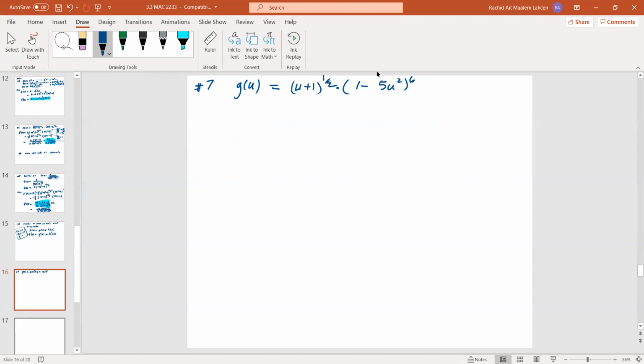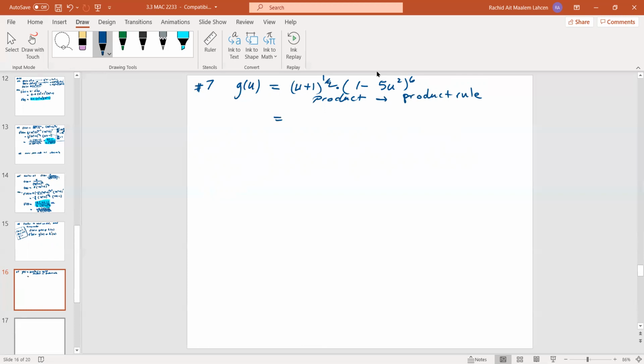So I have a product, and that tells me I need to do a product rule. You see, it has nothing to do with the chain rule. If you have a product, you use a product rule. Then you see what happens.